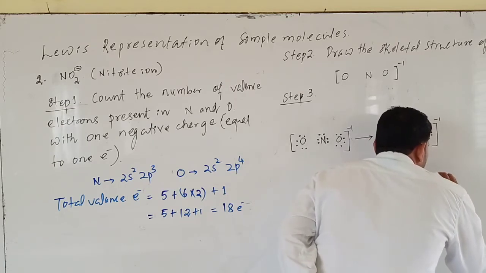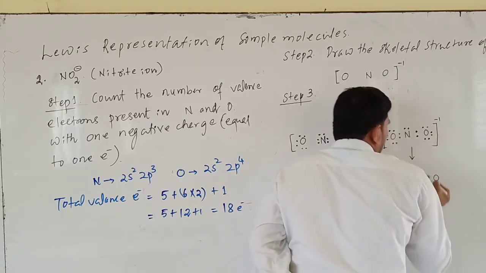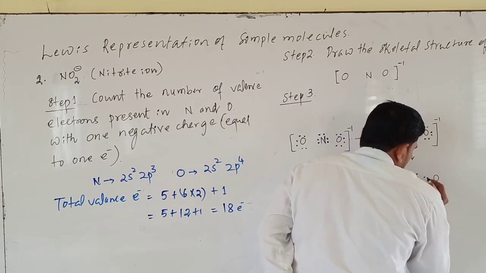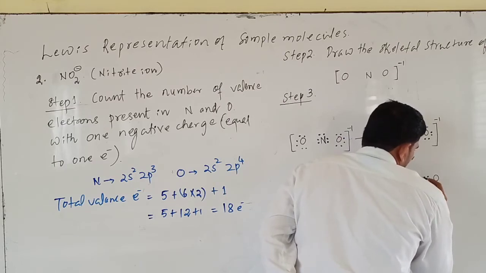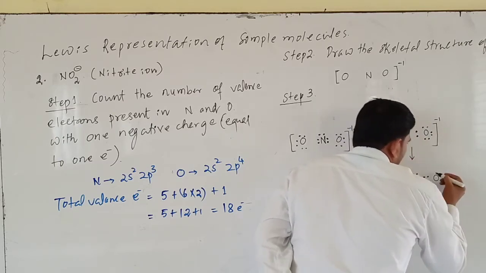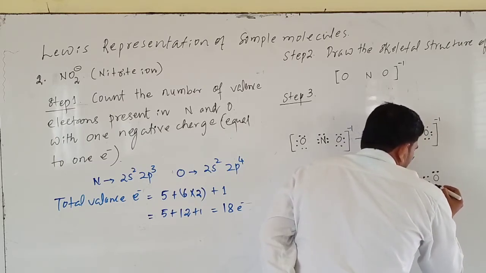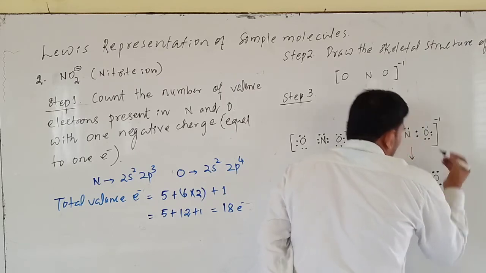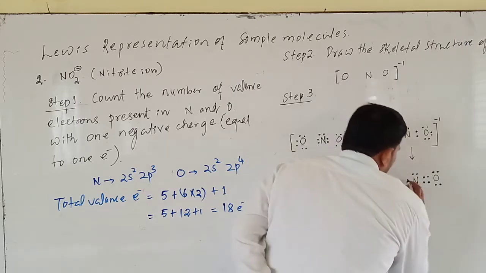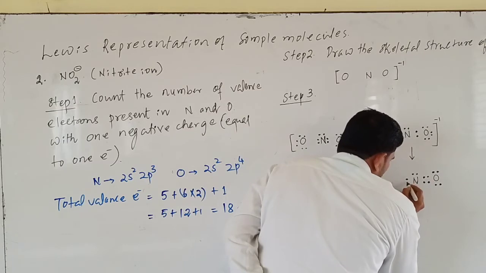Now draw a double bond to one oxygen, taking 2 more electrons from this oxygen, so 4 remain, while the other oxygen has only a single bond.